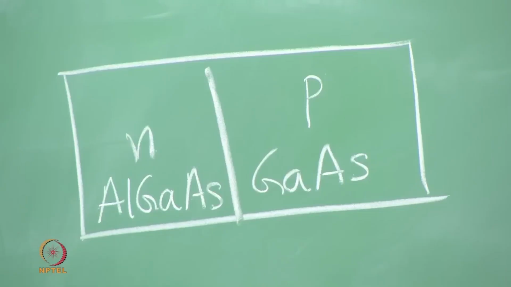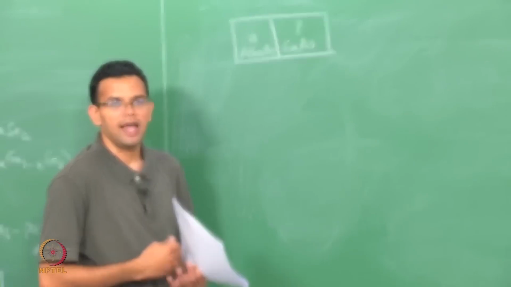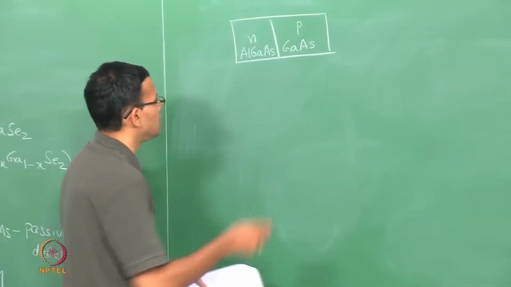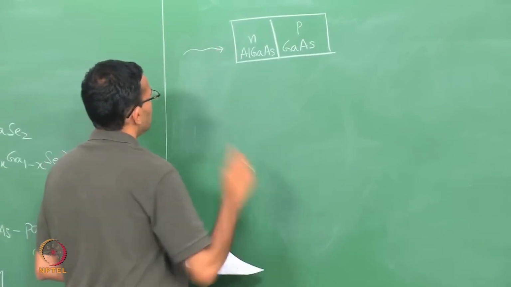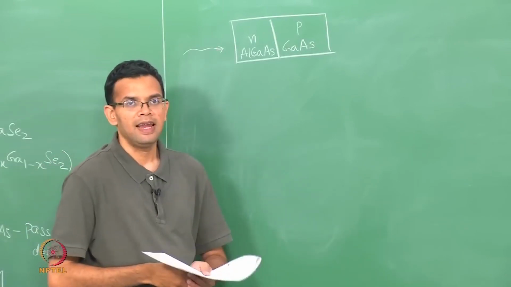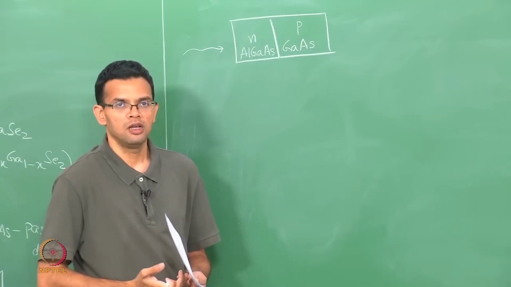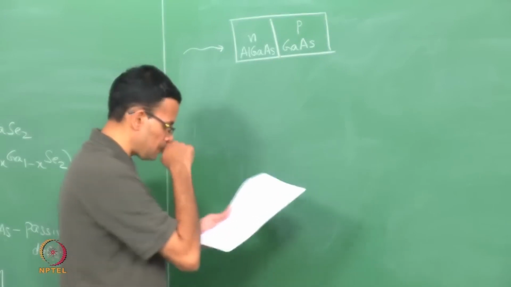So, aluminum gallium arsenide has a higher band gap. Once again it acts as a window in order to allow the radiation to reach the junction, so that we no longer need the n layer to be really thin, as in the case of a homojunction based p-n junction.